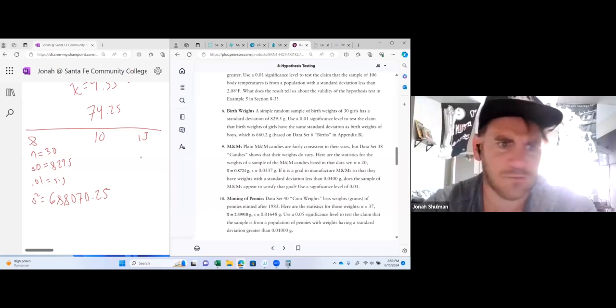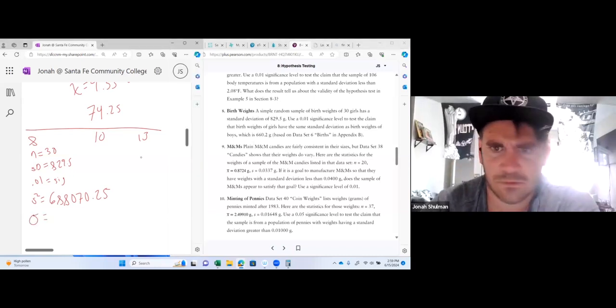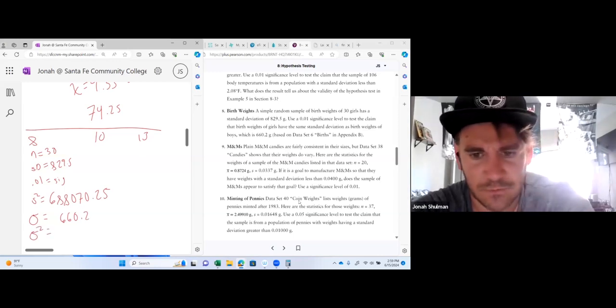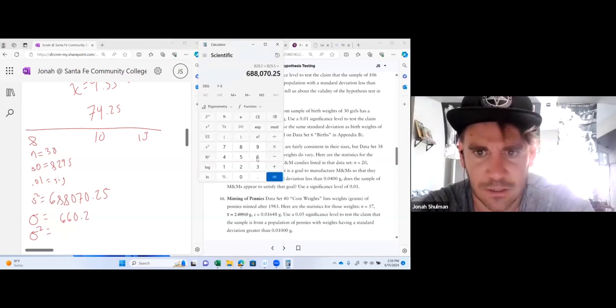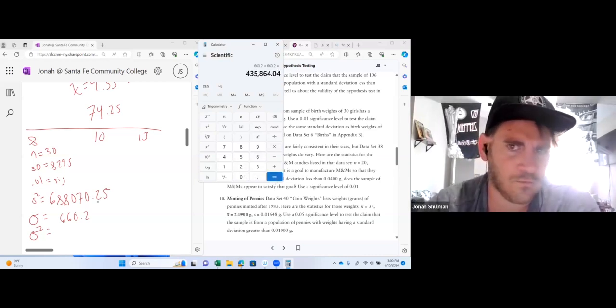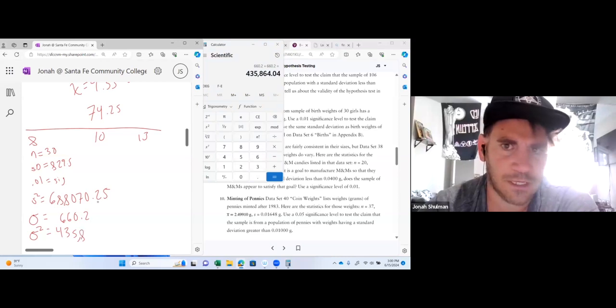And the standard deviation for boys, they say it's going to be 660.2. So to get the variance of this, all I have to do is square that. 660.2 times 660.2 is 435,864.04.